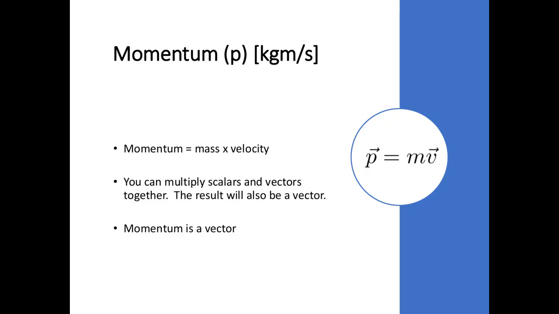Something you can learn from this is that you're allowed to multiply scalars and vectors together, and the result is also a vector. So momentum is a vector. We represent it with the lowercase p, and the units are the unit for mass, kilograms, times the unit for velocity, meters per second.